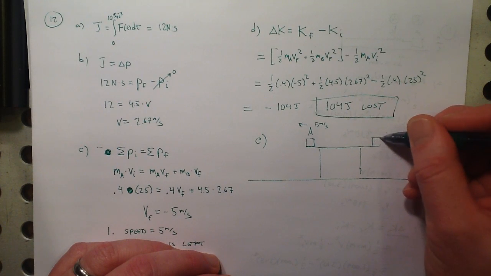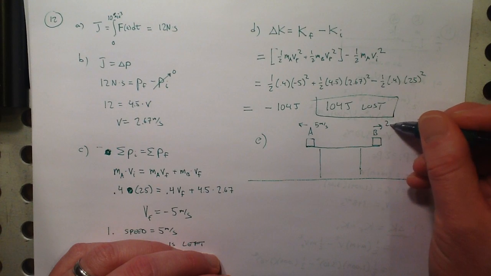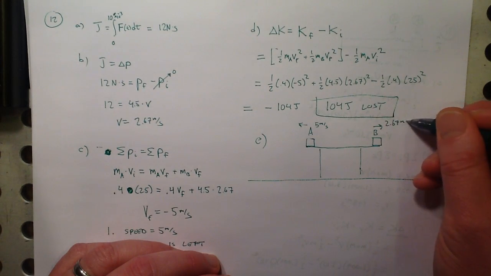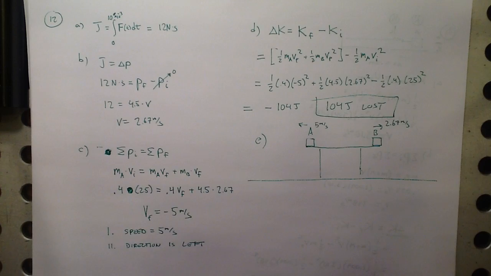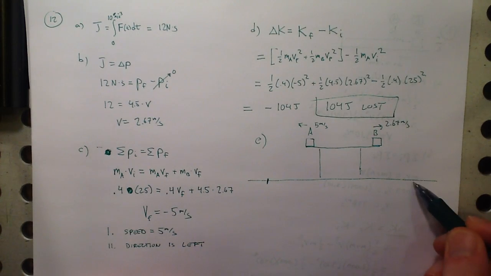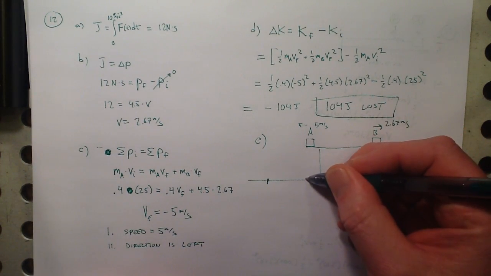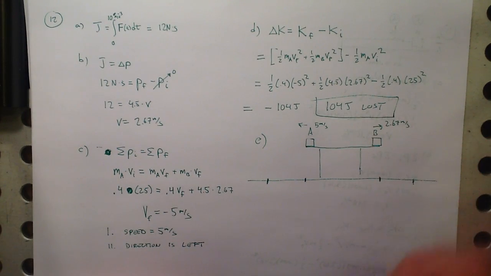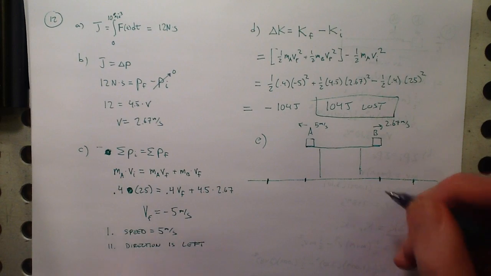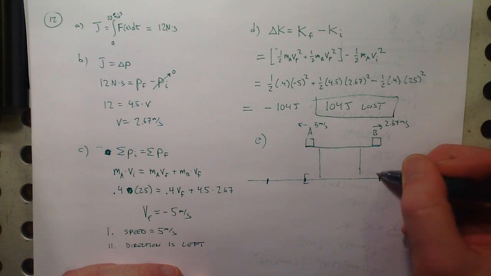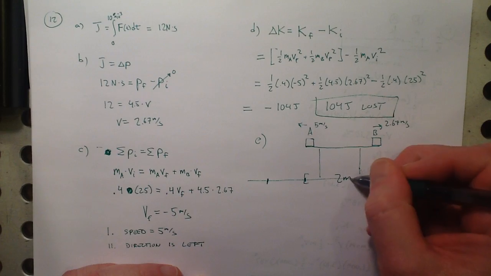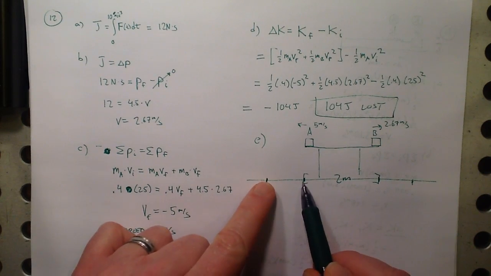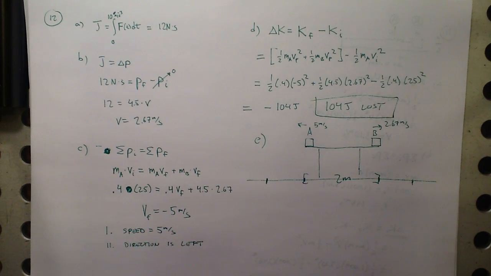When block B leaves the table right after the collision, it's going to be going this way at 2.67 meters per second. So I need to find this impact, and then I also need to keep in mind that this distance right here between them on the table is 2 meters. So I'll have to add that in. Right? So it's going to be this distance plus 2 meters plus that distance. That's how far apart they're going to land from each other.